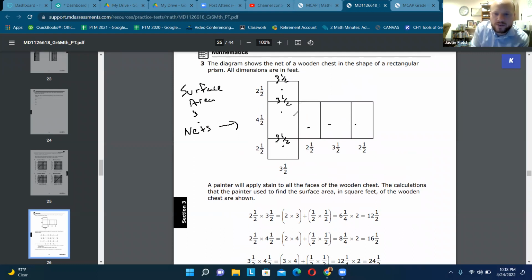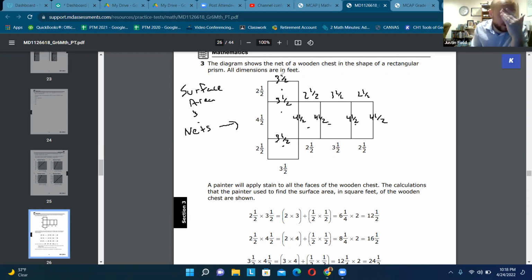And this 4.5, same thing. So we have a 4.5 all the way across because they're rectangles. And this 2.5 means that above is 2.5. So now we have all the dimensions.